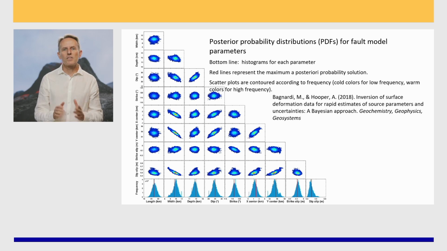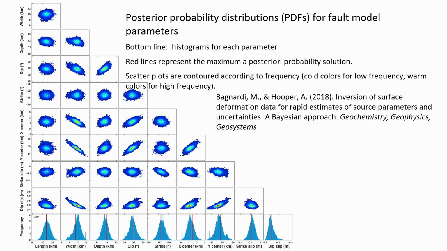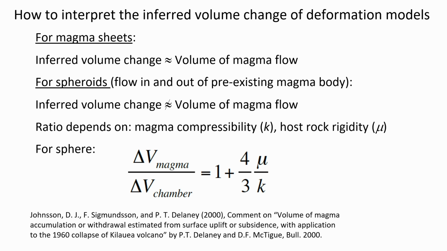In general, it is very important to understand the uncertainties on derived source model parameters. And with this approach, we have a complete description of confidence intervals in the model parameters. We need to consider deviations from our assumptions of a uniform elastic half space.